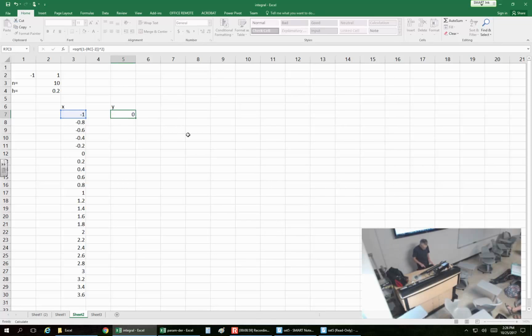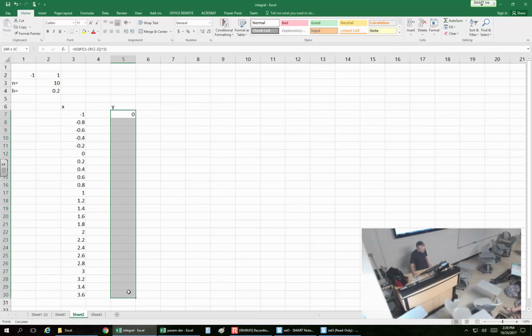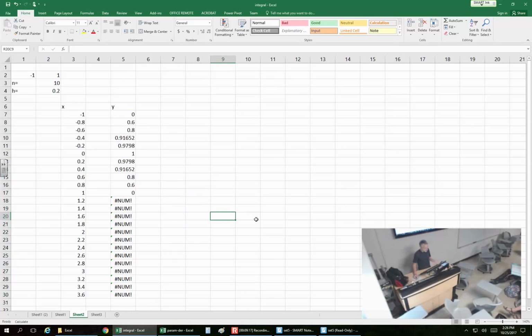Okay, so x is -1, y is 0. If we spread it down, we'll see that things don't work out entirely because beyond 1, the values become negative, and so the function doesn't work. The square root will be undefined.